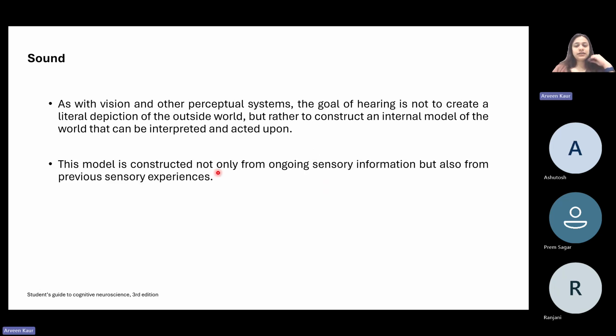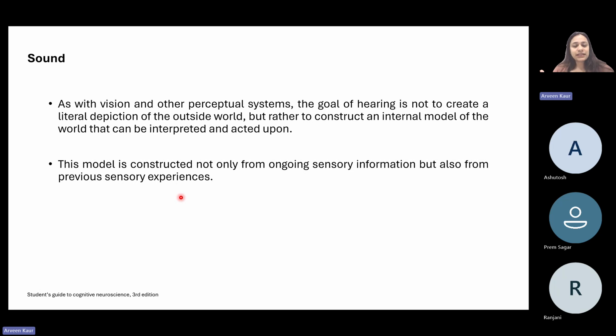This model is constructed not only from the ongoing sensory information, but also from previous sensory experiences, right? So, I might be speaking in English, but if you don't know English, it might sound like I'm blabbering to you, right? For instance, I might be a native Tamil speaker and none of you know Tamil, right?